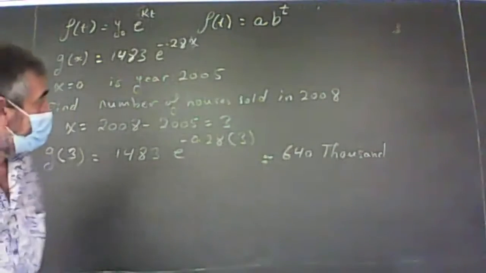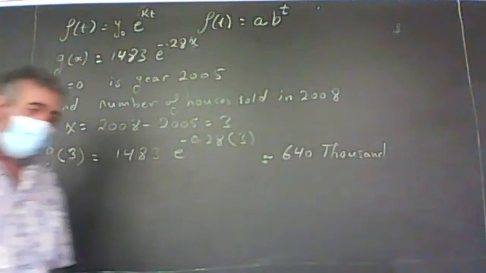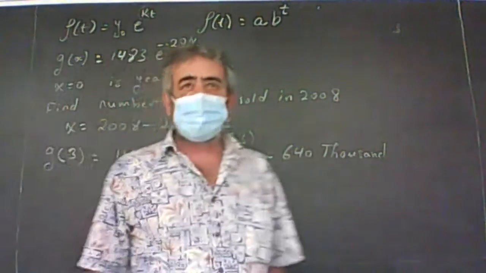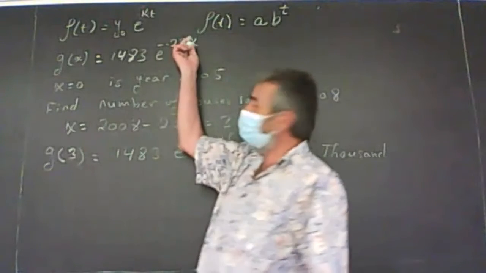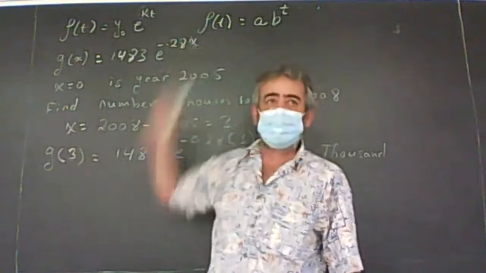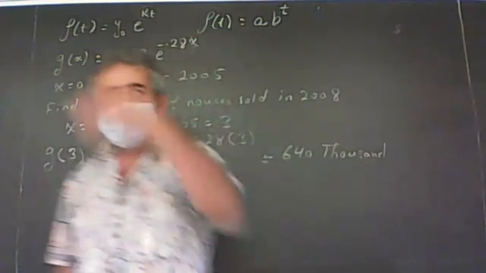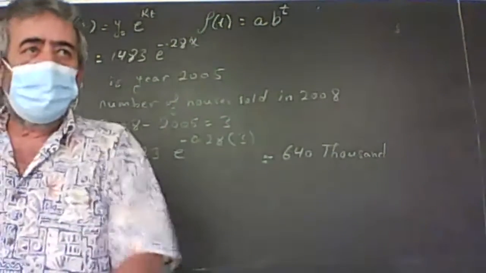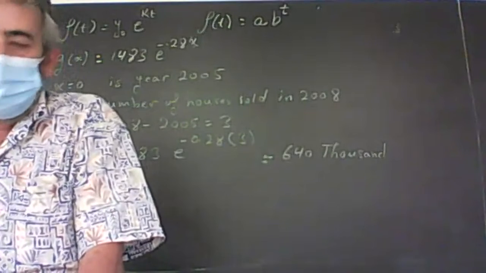So we need to figure out the year at which the number of houses sold was below 500. Now, we haven't learned how to solve exponential functions yet. But here's what they're asking me for. They're asking me to find what x is when the houses sold were below 500,000.